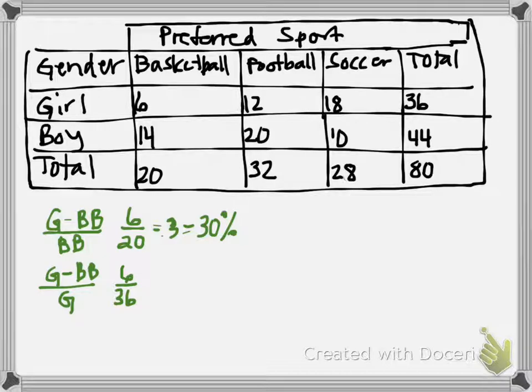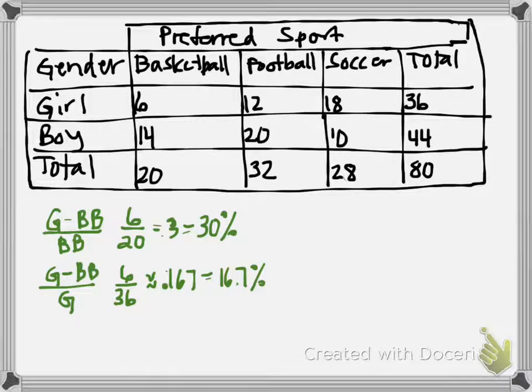So we have 6 divided by 36, which is going to give us a repeating number. So we could say that's about 0.167. And this is what I noticed on these, is they do seem to round to the nearest tenth. So that would give you about 16.7%. And that's how they would go about doing all these calculations.